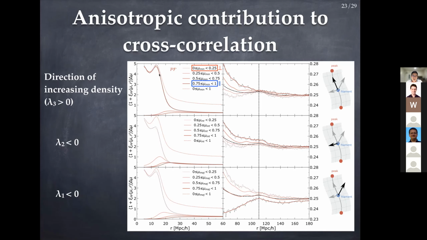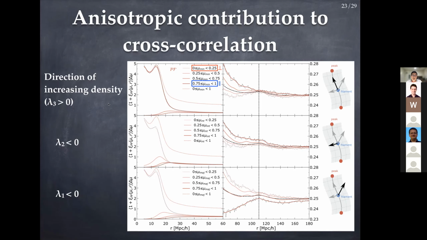This is the total cross correlation function we had seen previously. And we have divided it into angular contributions coming from different angular bins. And this angle is measured with respect to the eigen direction corresponding to this lambda 3.